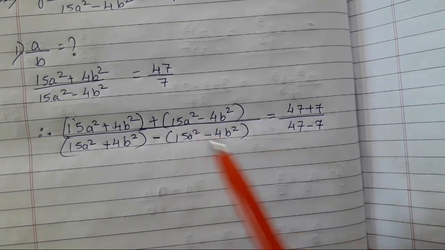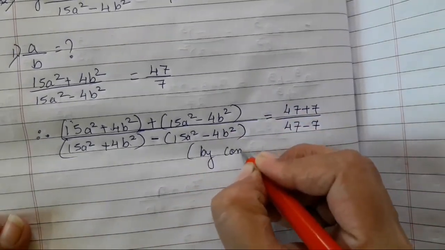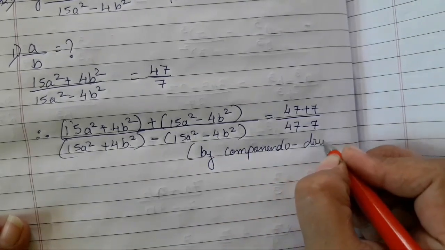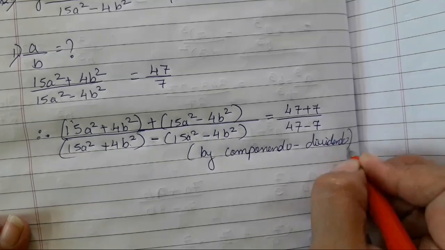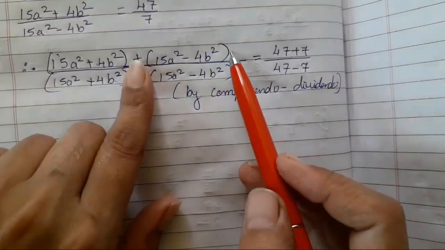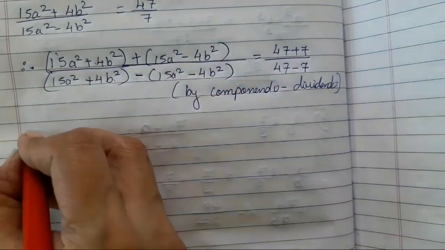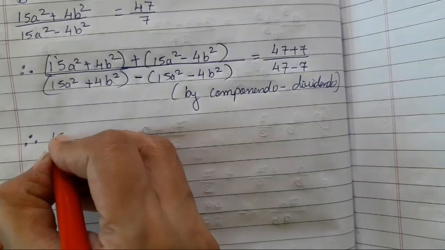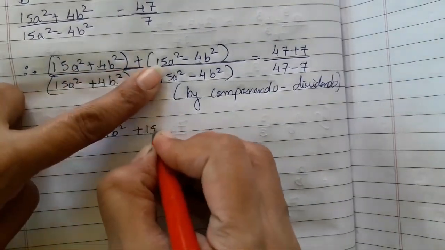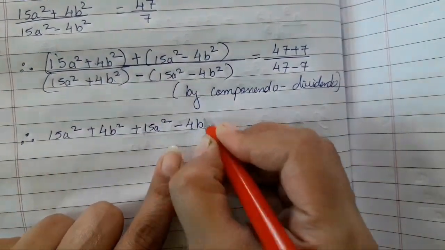And this method is known as componendo dividendo. The sum looks lengthy, but it's very easy. Once you have got this, we need to open the bracket, and when we open the bracket, this middle sign is going to change. So this is going to be 15a square plus 4b square plus 15a square minus 4b square.